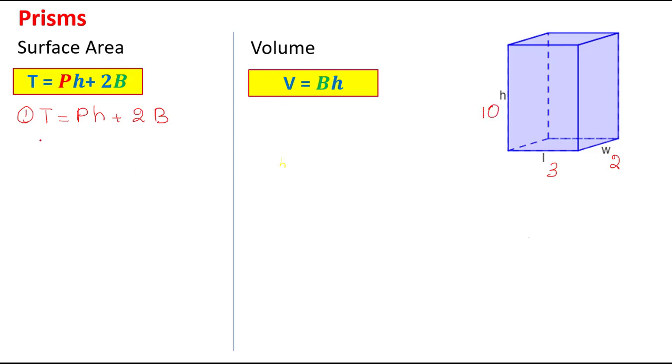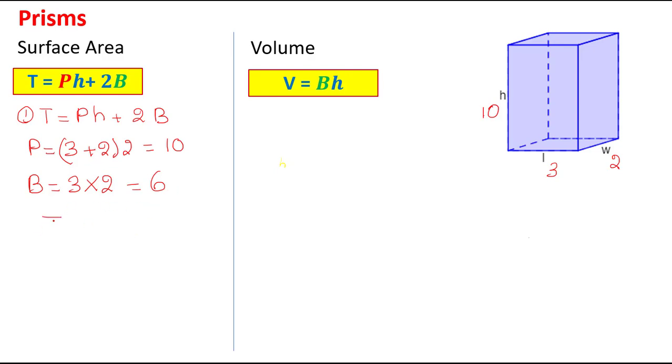So, to find the perimeter of base, I'm going to put 3 plus 2 times 2, because they are repeated twice. The area of the base is equal to 3 times 2, because it's simply a rectangle, length times width, and this is equal to 6. So my perimeter is equal to 5 times 2, which is 10, and my base area is equal to 6.